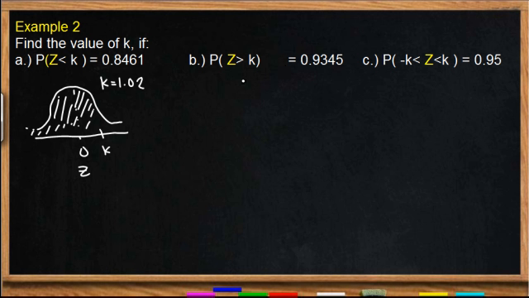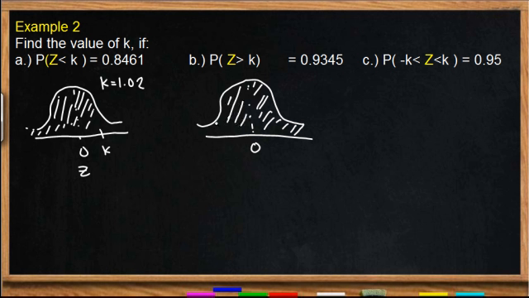What does this mean? The probability that z is greater than k is 0.9345, which is more than 0.5. Since it is greater than, the region is to the right of k. So we're sure it is more than 0.5, meaning k is somewhere negative. The region goes from k to the right.